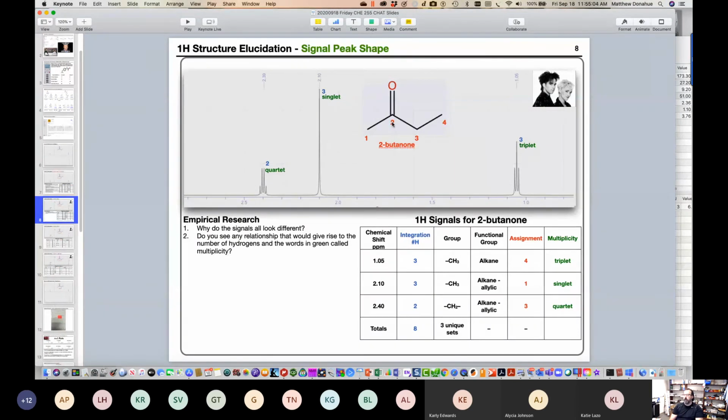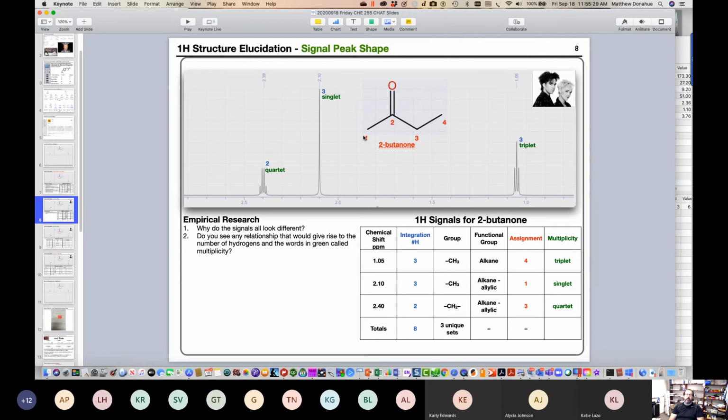So how do you think we would arise at singlet? If this has no hydrogens and we're considering the neighbors give rise to the word in green, what sort of equation could we develop? So you always add 1 to the number of neighboring hydrogens. Yeah, exactly.